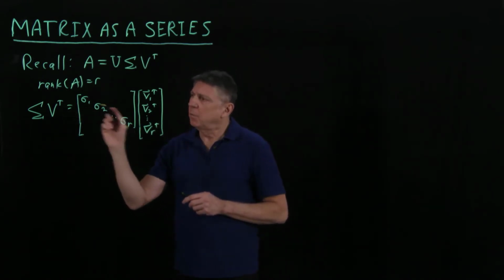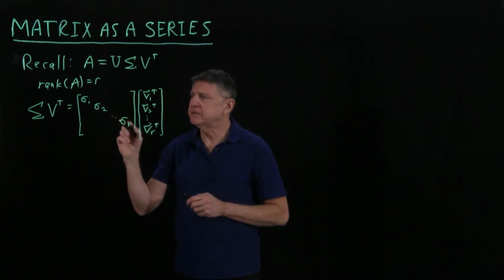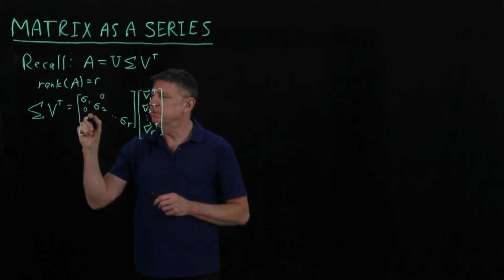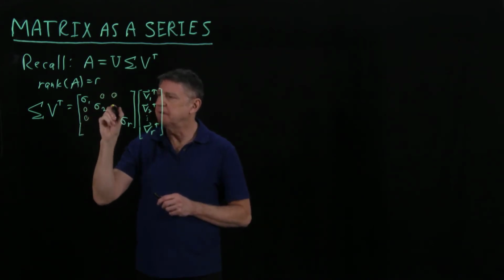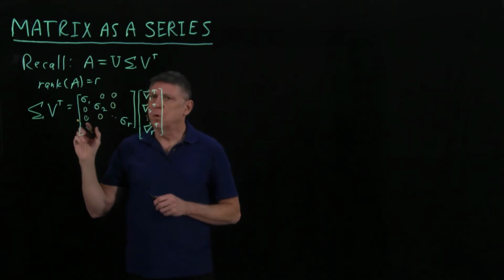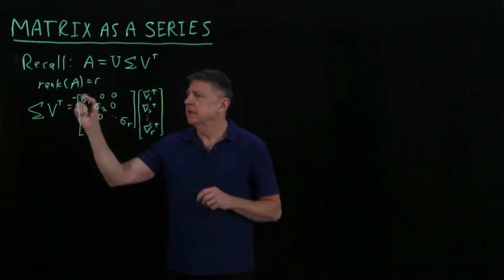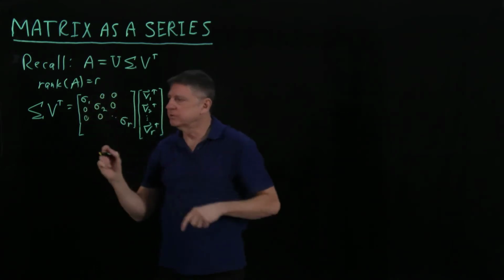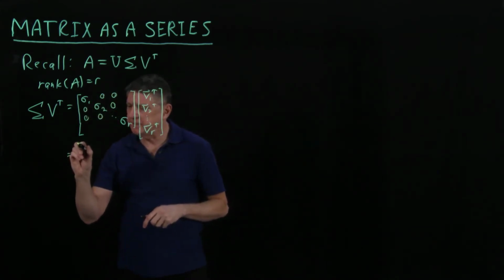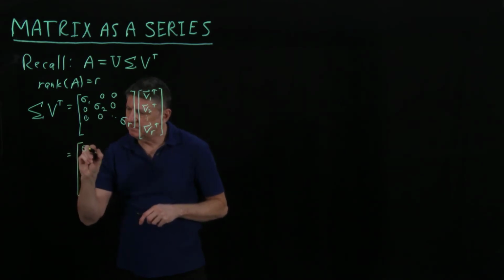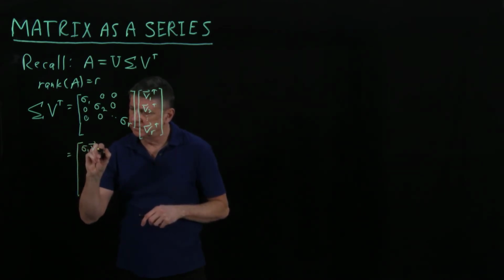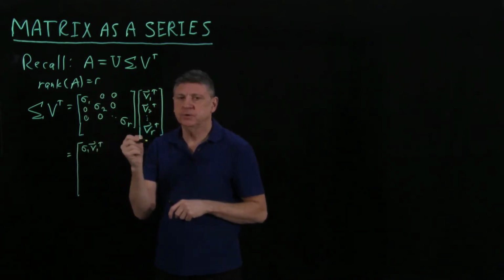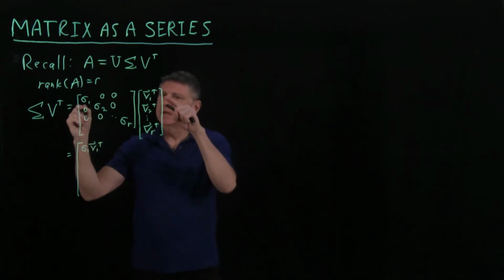So now, what is a way that we can write this? Well, let's put in the zeros for a few of these so that we can see what might happen. When I multiply, sigma 1 times V1 transpose has to be the first row of that product matrix.